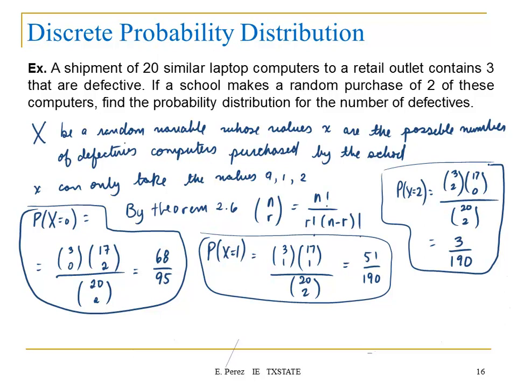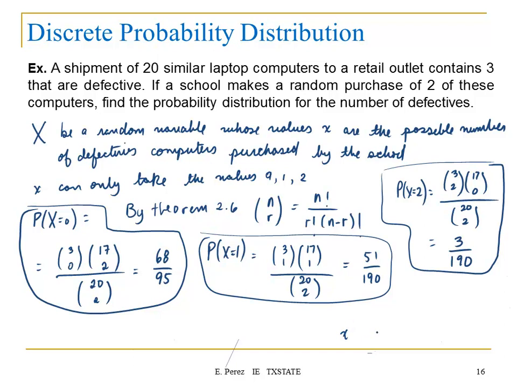Okay, now the question is telling you to find the probability distribution for the number of defectives. So we have the values. This is f of 2, f of 1, and f of 0. So we can write the table that basically tells you the distribution.